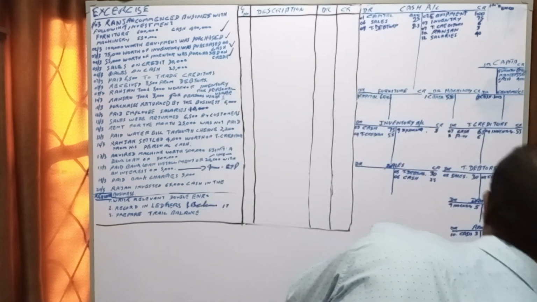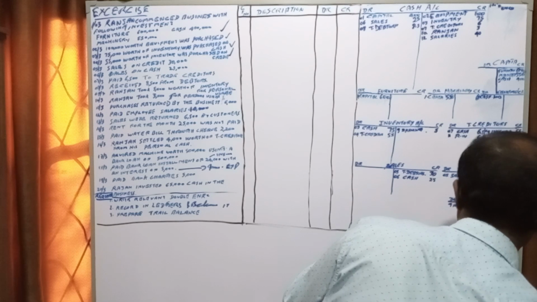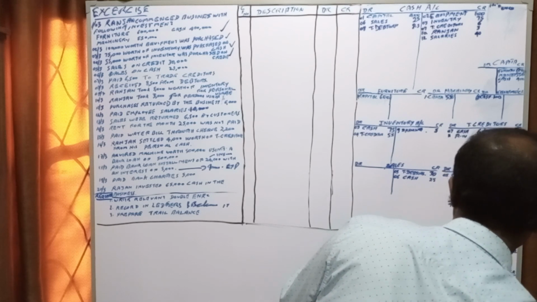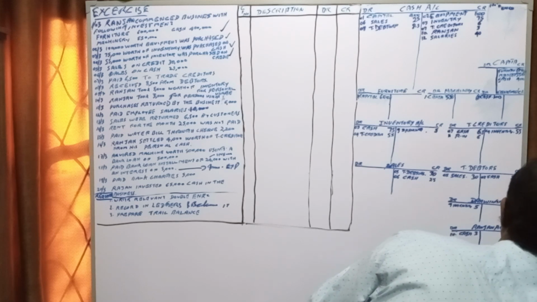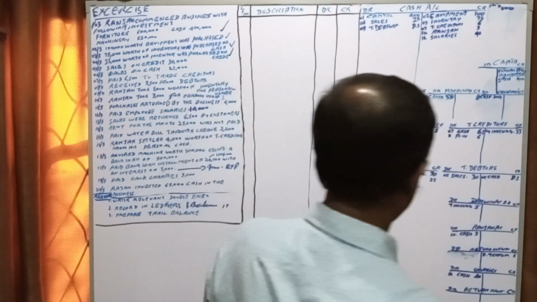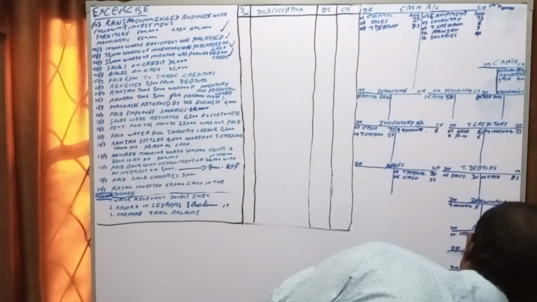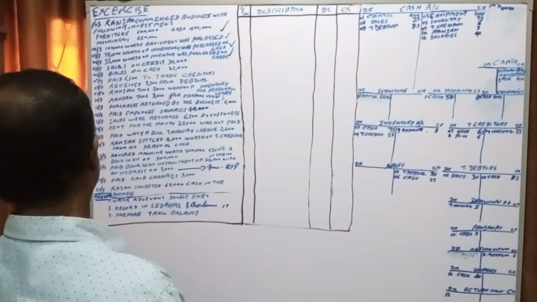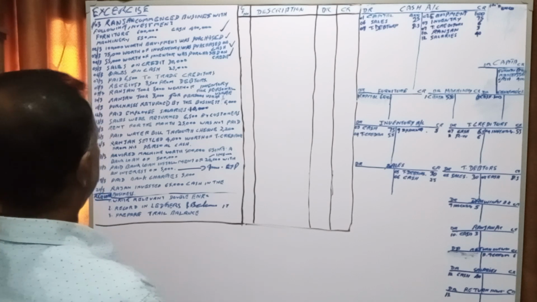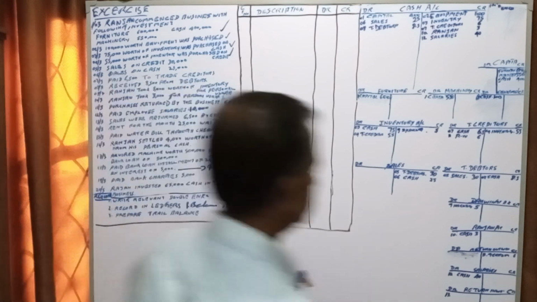Return outwards will be credit, right? On 11th, trade creditors is 6,000. Now 13th, our customers have returned back 6,500 worth of goods.